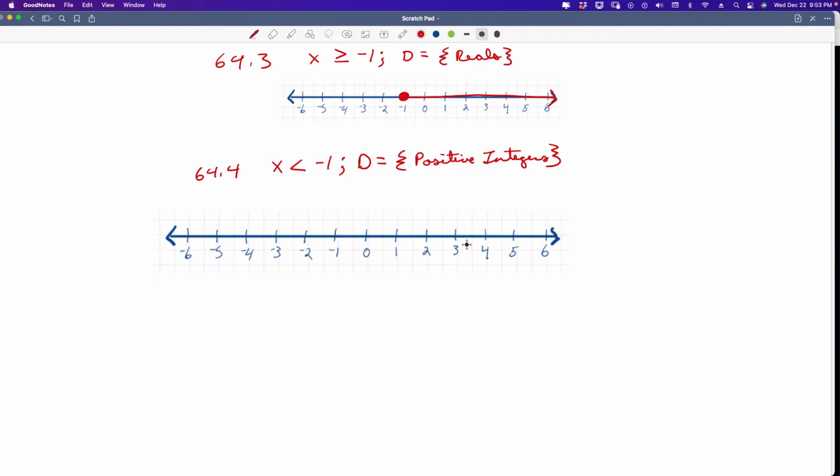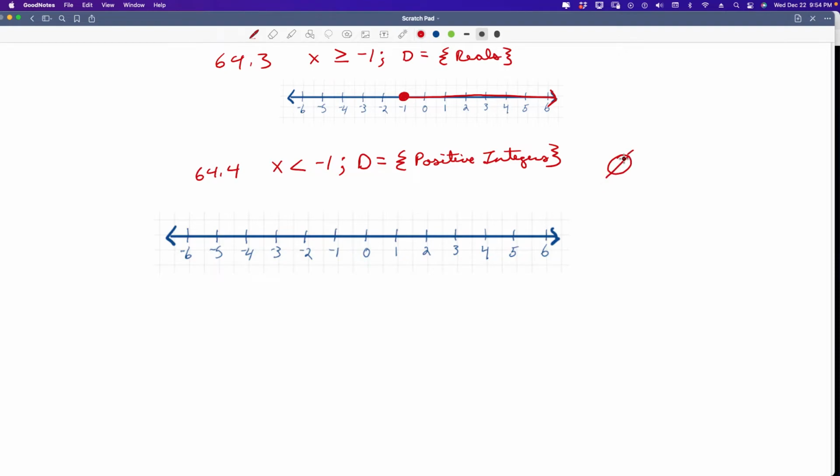That's all we can use. So if x is less than -1, and it's positive integers, anything less than -1 is going to be a negative. And if our domain can only be positive, then our answer is going to be null.